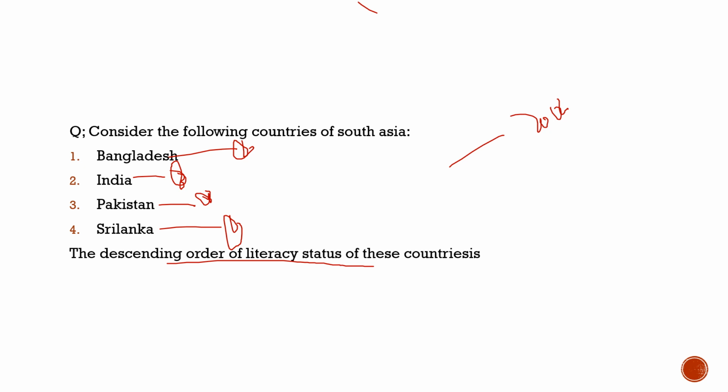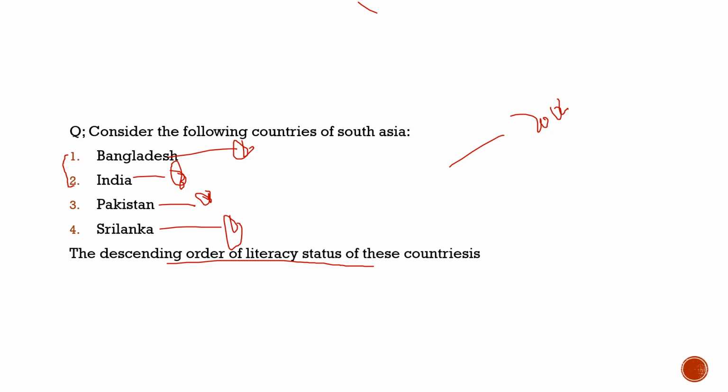There is basically confusion with respect to India and Bangladesh. There are a few reports which highlight that India's literacy rate is higher compared to Bangladesh, and majorly there are reports which say that Bangladesh's literacy rate is higher with respect to India.